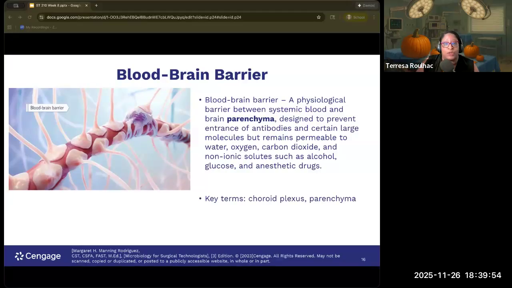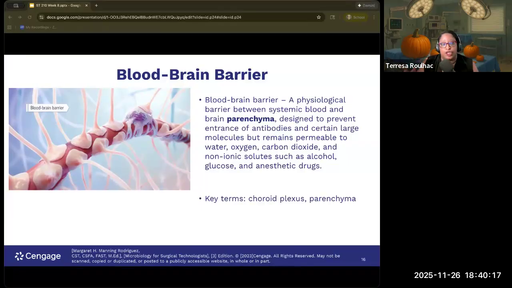There's no barrier between the brain and the cerebral spinal fluid, but the CSF's structure limits the movement of bacteria and immune cells. So, some things you want to make sure you have a good understanding of. The choroid plexus. This is what makes CSF and helps form the BBB. And then there's parenchyma.